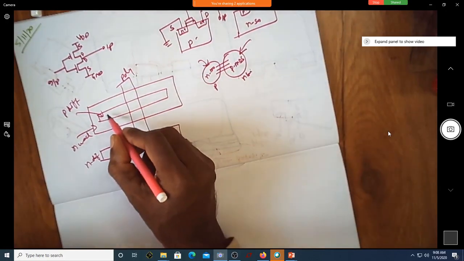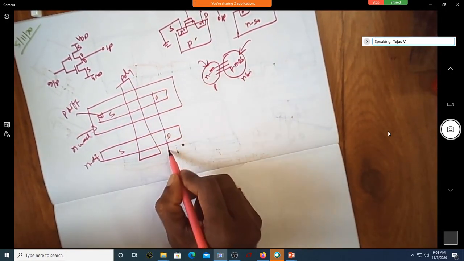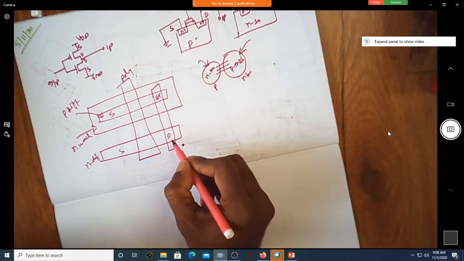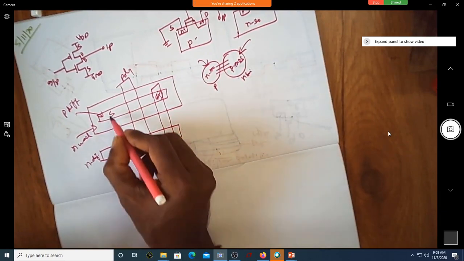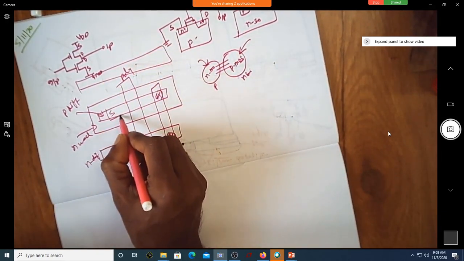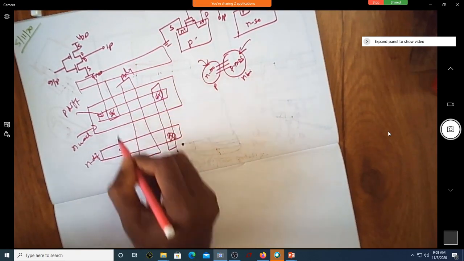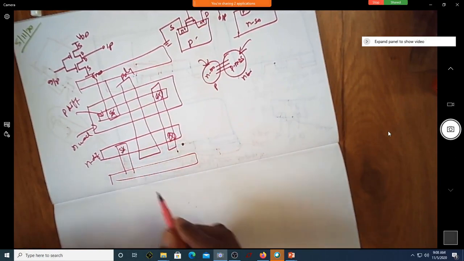And then if this is source drain, this is drain source, you shorted drain and drain. This was the contact cut which has been made. And if this is supply VDD, you would have connected this to this, and if this is ground, you would have connected this to this, correct?